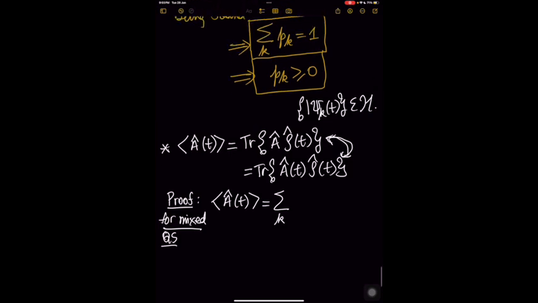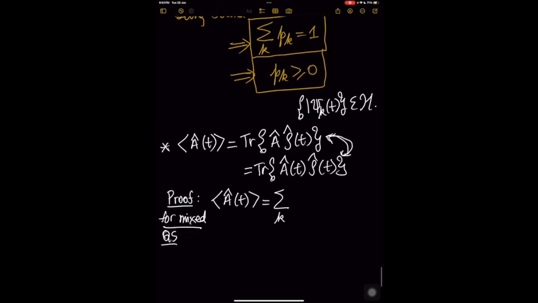So let's just say that you have n pure states, right? So the probability of being found in that particular pure state k times the expectation of the observable in the state k. I hope this is clear.